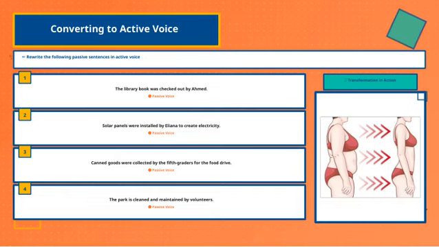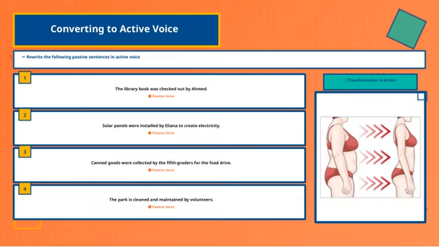Similarly, "canned goods were collected by the 5th graders for the food drive" becomes "the 5th graders collected canned goods for the food drive." Notice how the active voice emphasizes who is doing the collecting. It's more dynamic. And finally, "the park is cleaned and maintained by volunteers" turns into "volunteers clean and maintain the park." This version is more direct and highlights the volunteers' role.